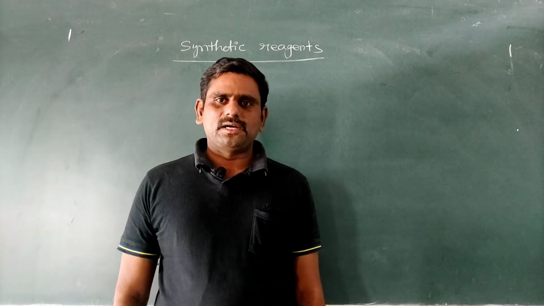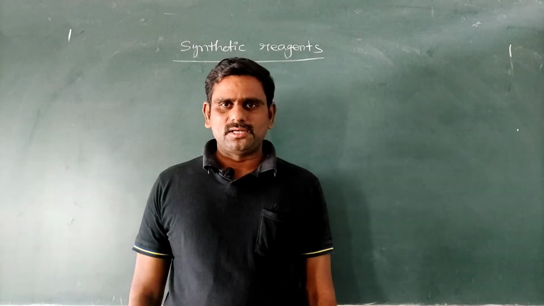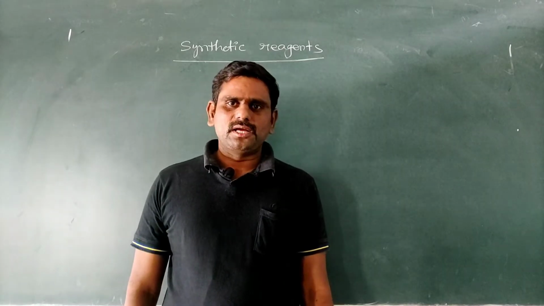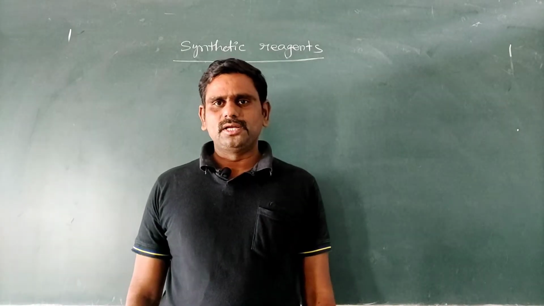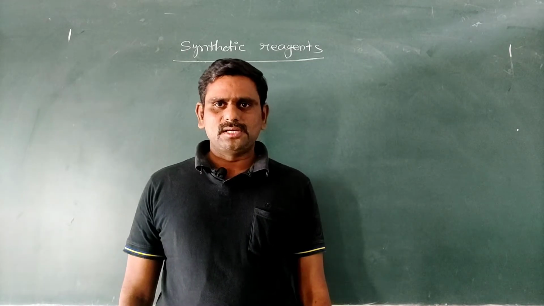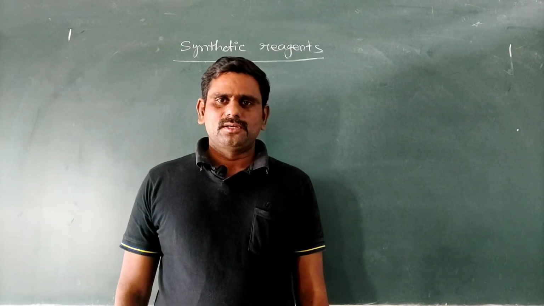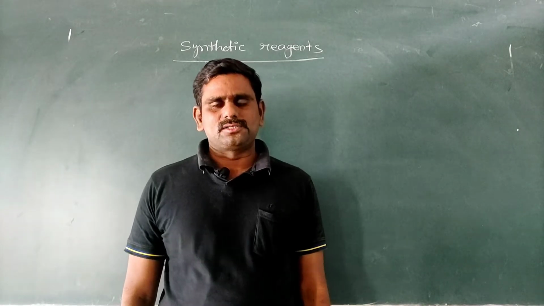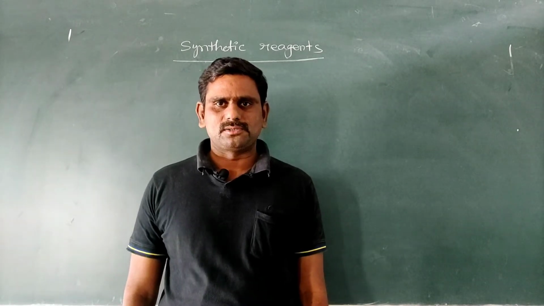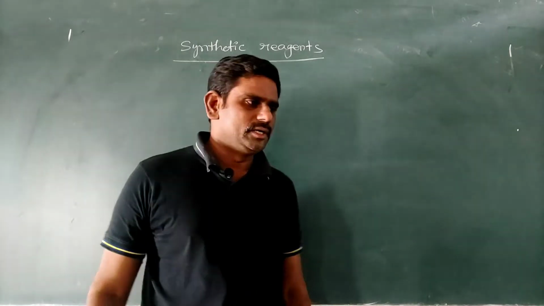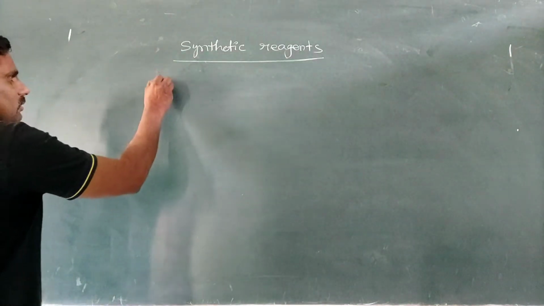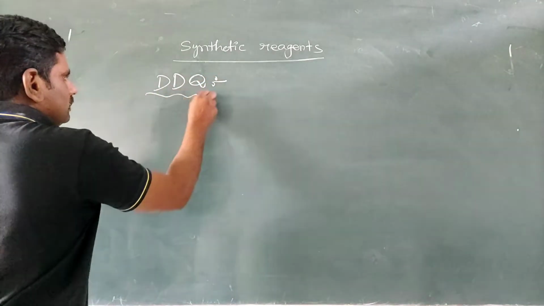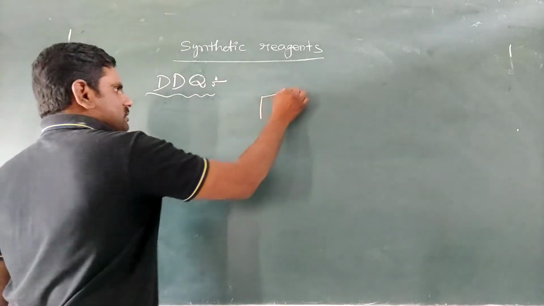From this concept, I take an oxidizing reagent. In this class, we take DDQ. DDQ is a good oxidizing agent. We will discuss DDQ and its chemical reactions, and their mechanism also. Now, see DDQ. The structure of DDQ is like this.